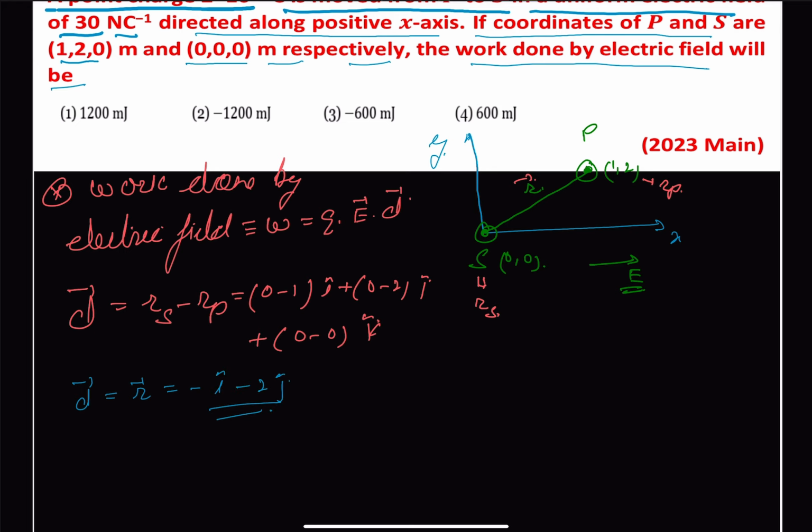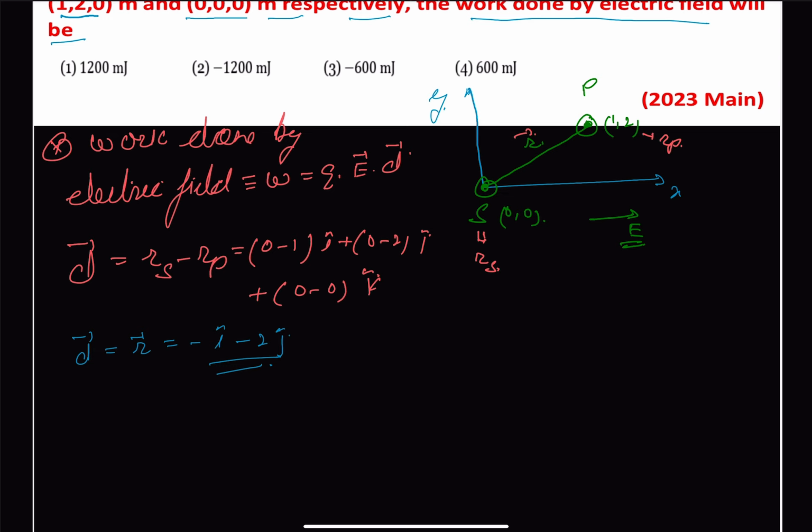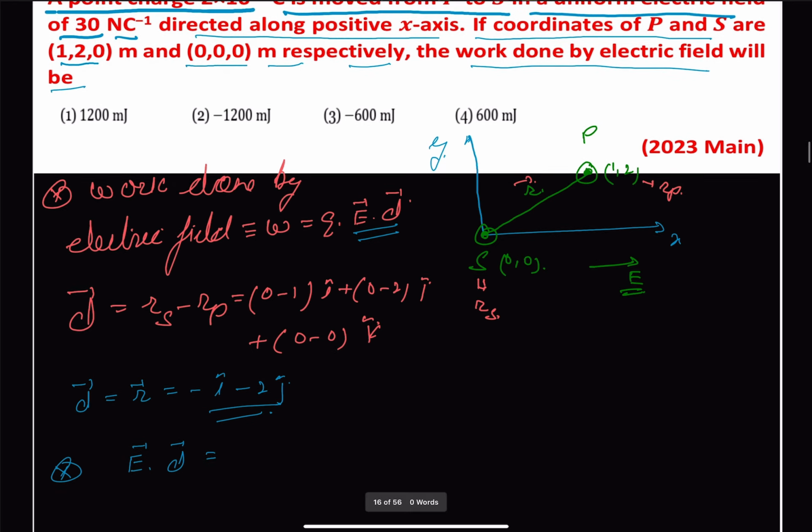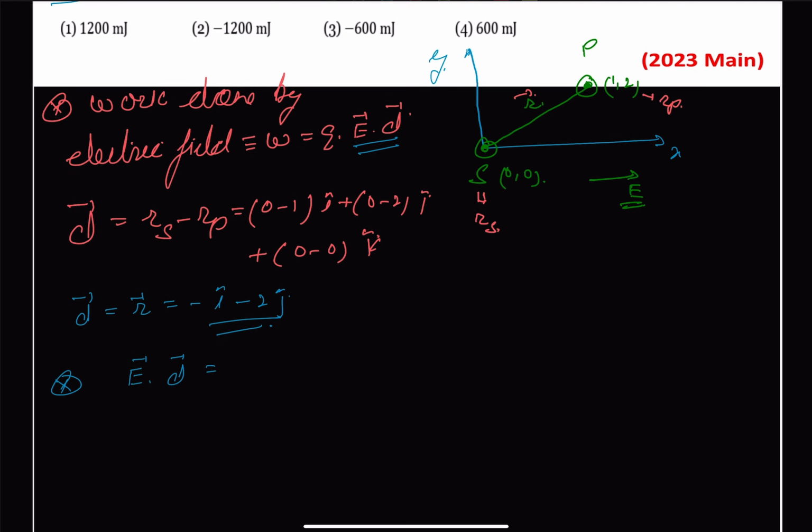And we need to find the dot product of the electric field and this displacement vector. So E dot D, the electric field is given in the x direction, so this is 30I dot minus I minus 2J.